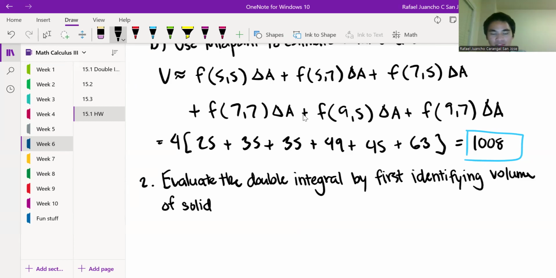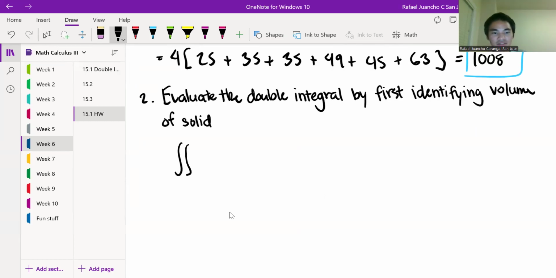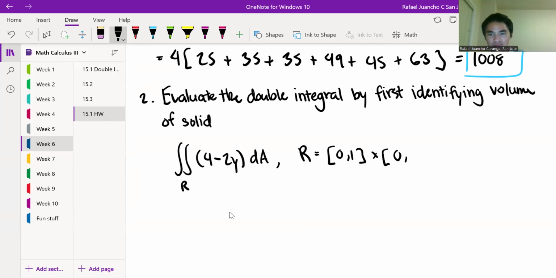Right? So our double integral is this with respect to its area. And we have R from 0, 1 by 0, 1.